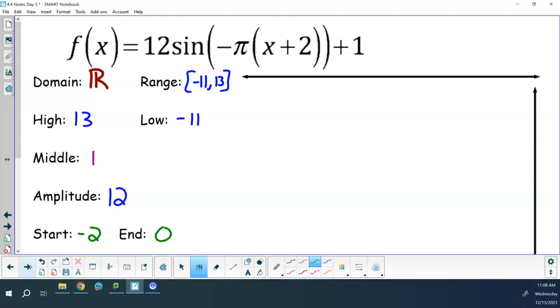Then it goes high, middle, low, middle. Right? Okay. This particular one has a negative B value. Does that affect that curve at all? Yes? How does it affect it? Flips it over. Okay? So this sine curve is going to look like that.